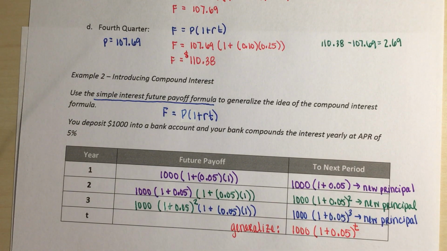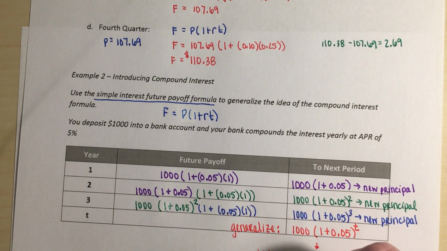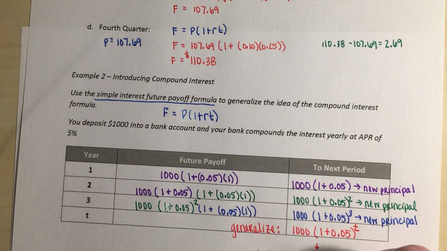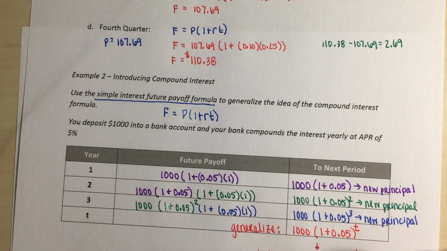However many years it's been is going to be that t. If we change all of our values back to variables, we get P times 1 plus r to the t.